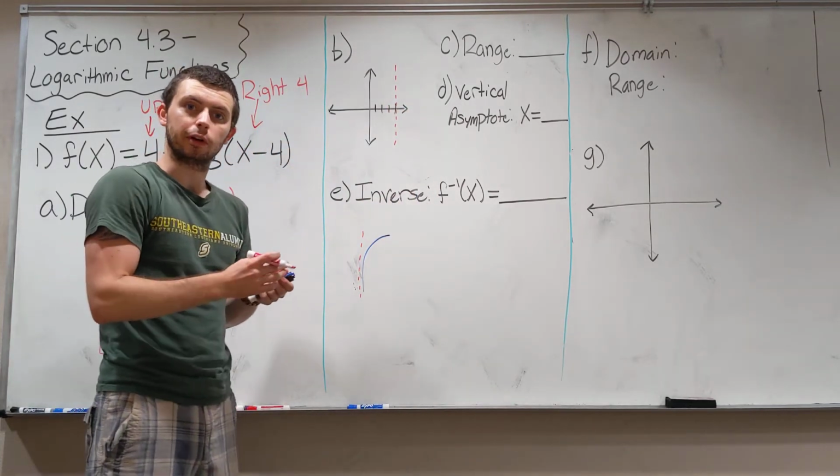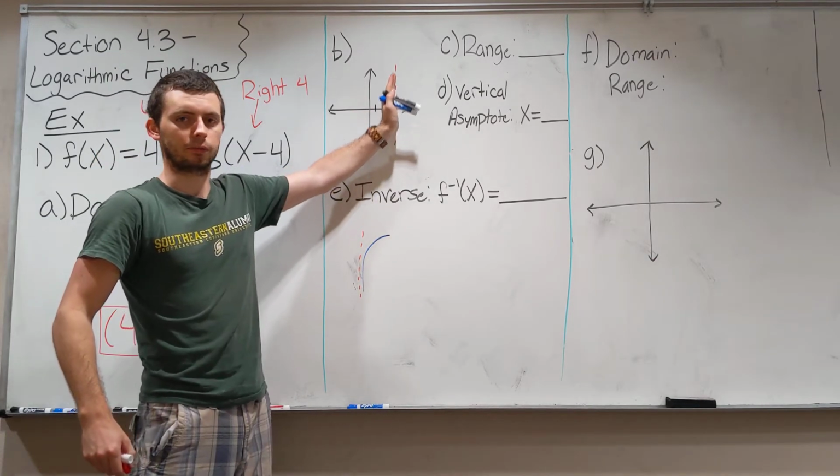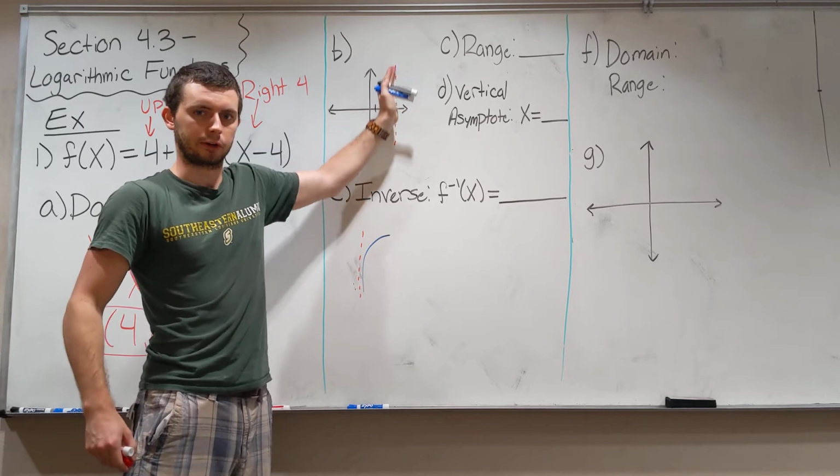So we have an asymptote there. If we go up 4, then this vertical asymptote is still there.